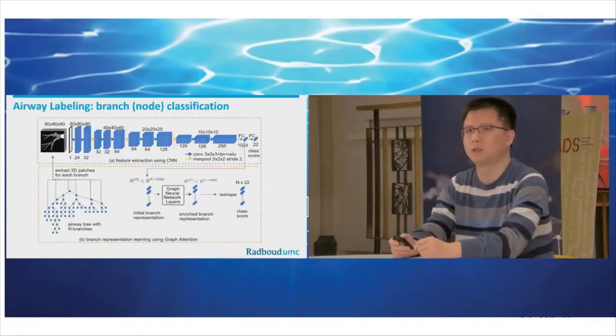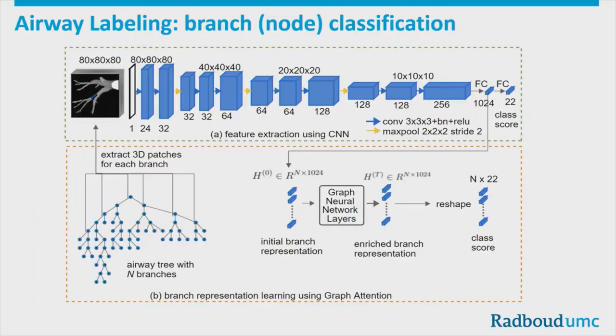So now we know how a graph neural network works and how it can be used for node classification. We tend to think of every labeling as a branch or node classification problem, where every tree is a graph, and we just want to assign labels to each of the branches. Here in our case, we designed this kind of two-stage approach.